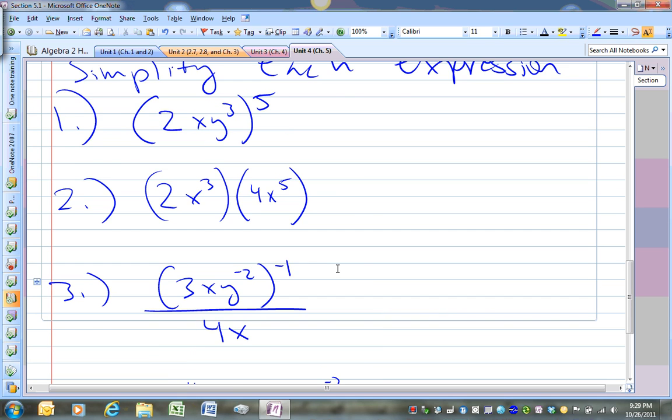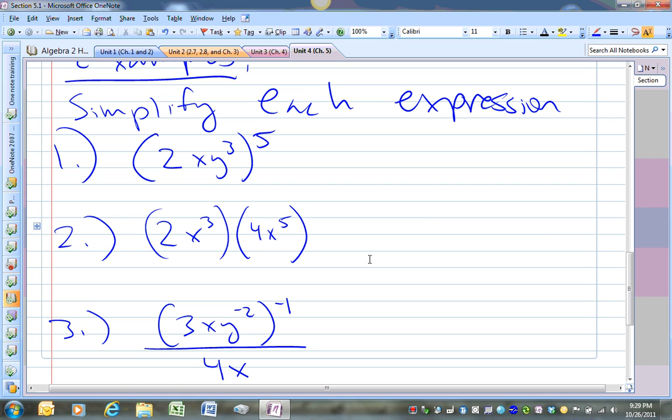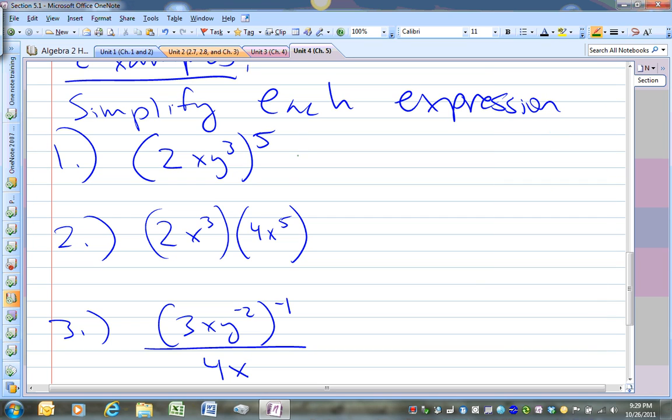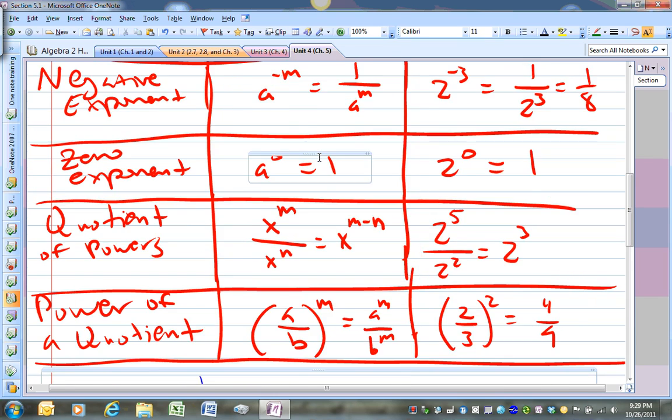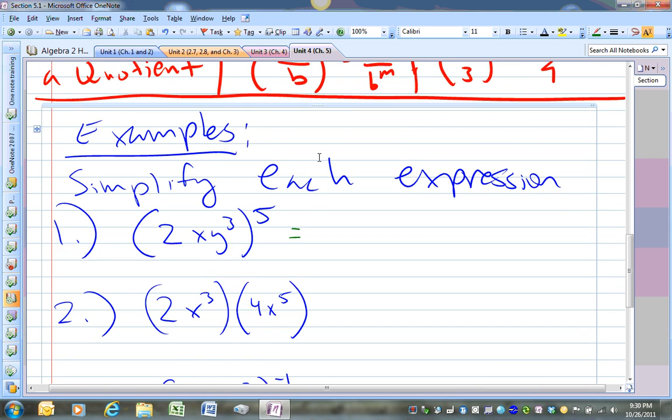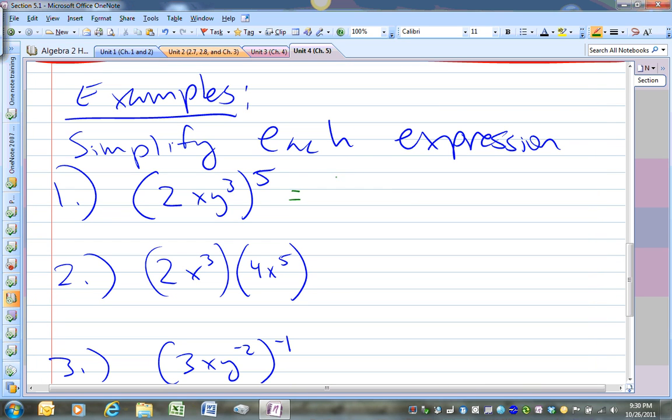Okay, so for the first example, it should be pretty straightforward. In this case, I'm using the power of a power. So you distribute that 5 to all parts of that expression.